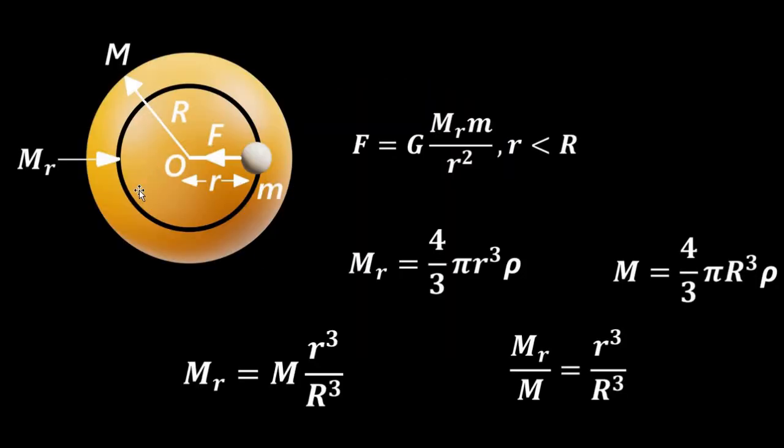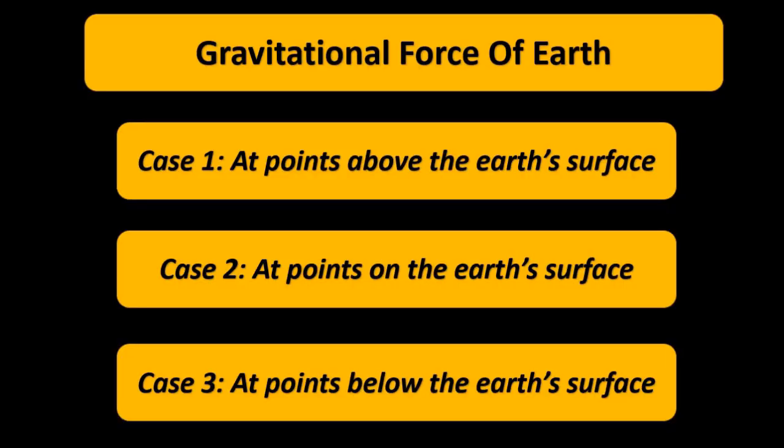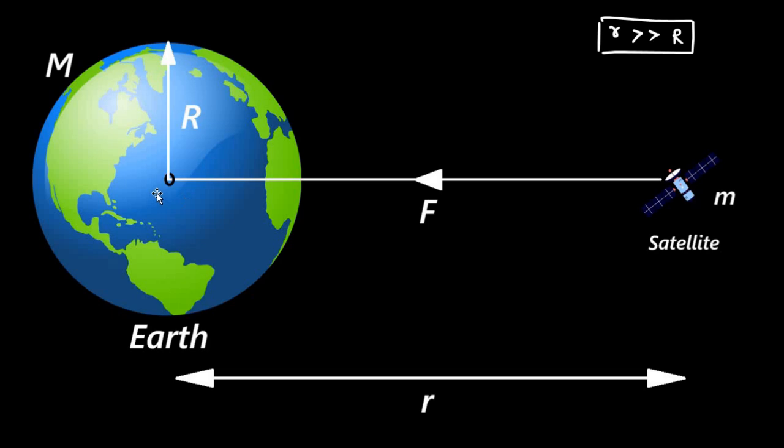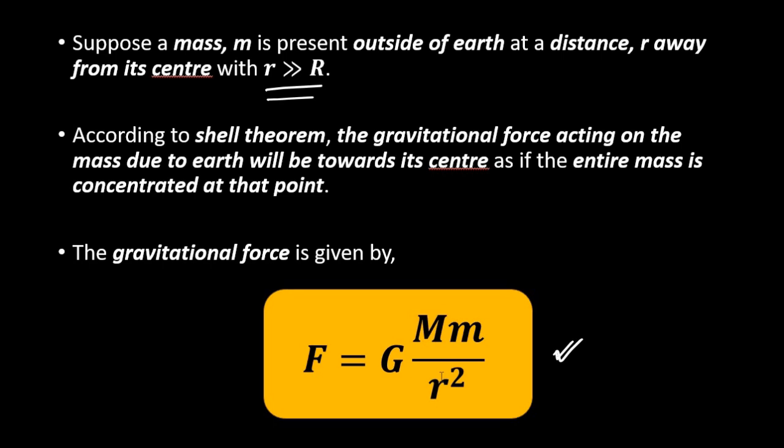So these are the three cases of gravitational force of Earth. First, at points above the surface of the Earth, far away from the center, at a very large distance, such that the separation distance is much greater than the radius of the Earth. In that case, this is the gravitational force acting on that mass.